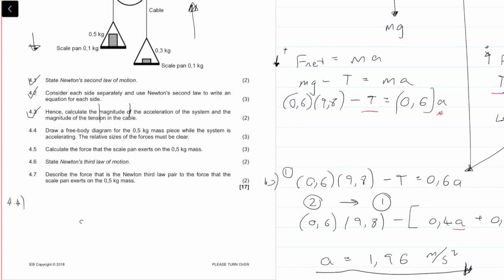By this, the relative sizes of the forces must be clear, it just tells us to draw the length of arrows accurately, or to represent the scale. Okay, so if a force is bigger, it must be much larger.